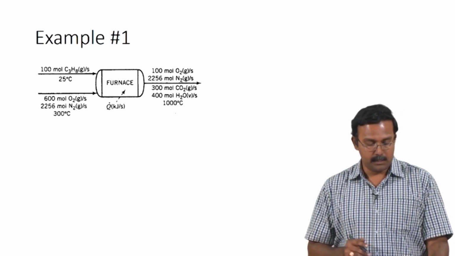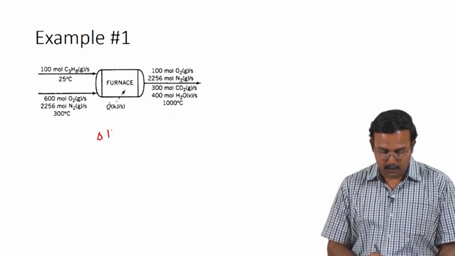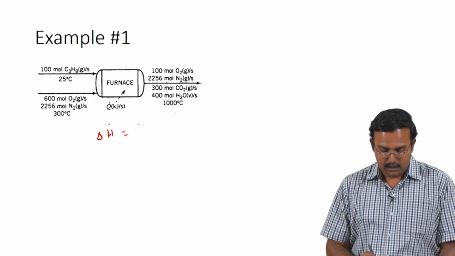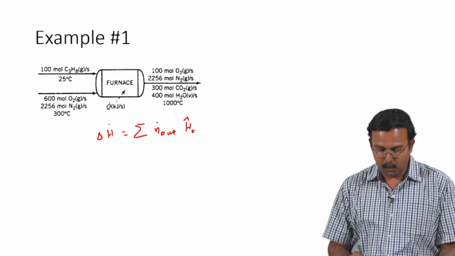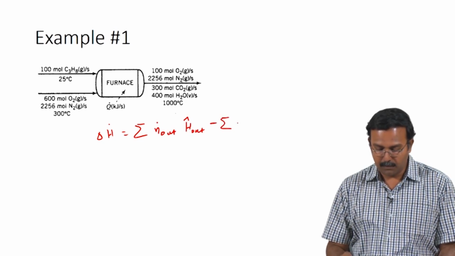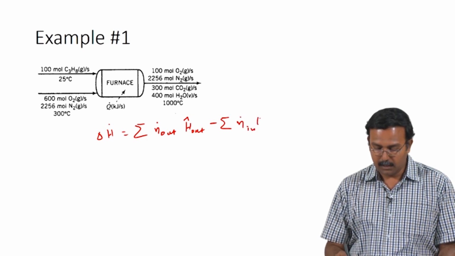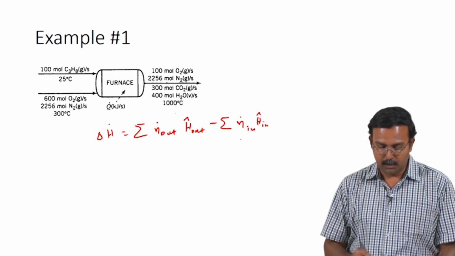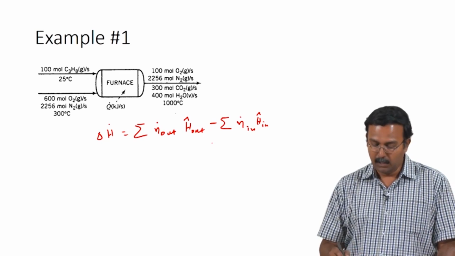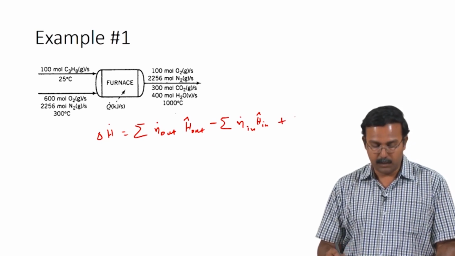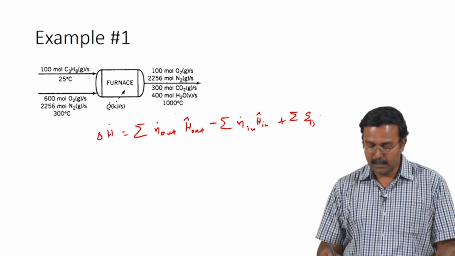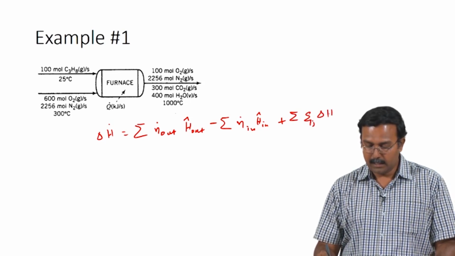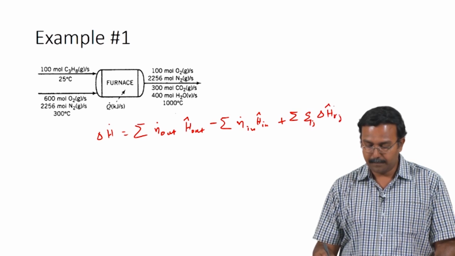The equation delta H dot, which was just the sum of N out dot H cap out minus the sum of N in dot H cap in, is the equation we had been using till now. It would now have another term, which is the sum of xi j delta H r cap j.